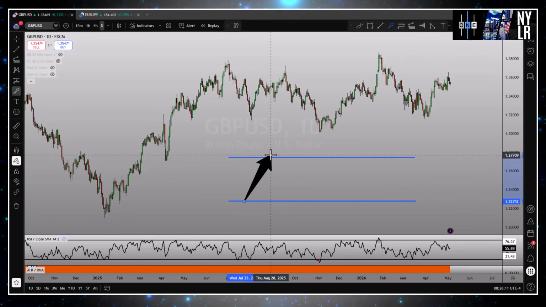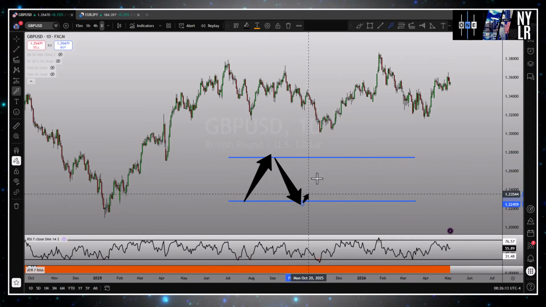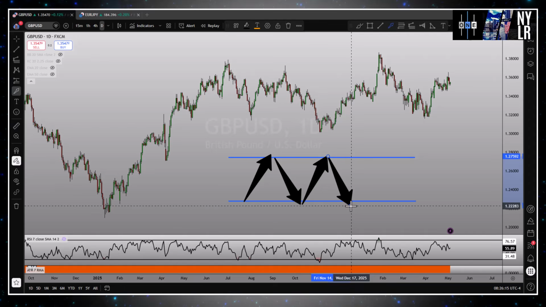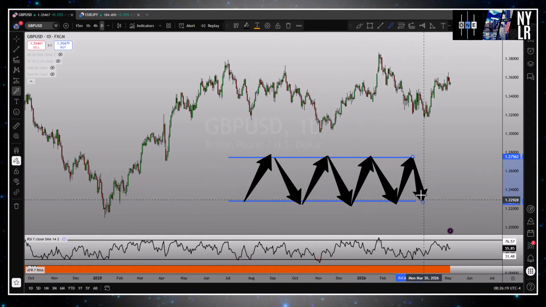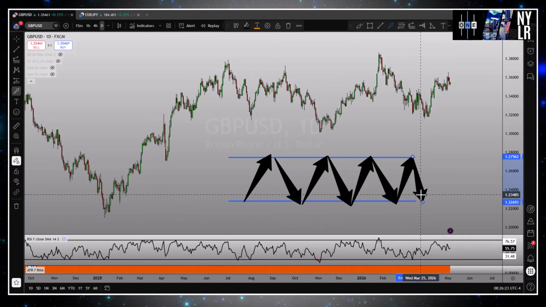And there are plays that we can do where we can bounce off support and trade to resistance, bounce off resistance and trade to support. I like to call this structure to structure trading, even though all of my trading is structure to structure trading. But this is simply non-directional structure to structure trading, where the question I want to ask myself is, okay, I don't have a directional bias, meaning big picture, I don't have any reason to think pound dollar is likely to go bullish, and I don't think it's likely to go bearish.